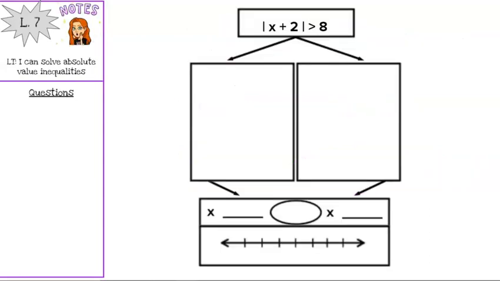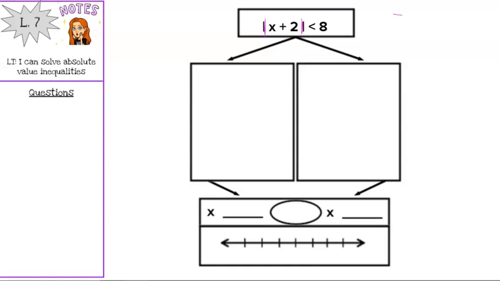So we're going to take what we did with absolute value equations, and we are going to just add an inequality symbol. So we have the absolute value of x plus 2 is less than 8.